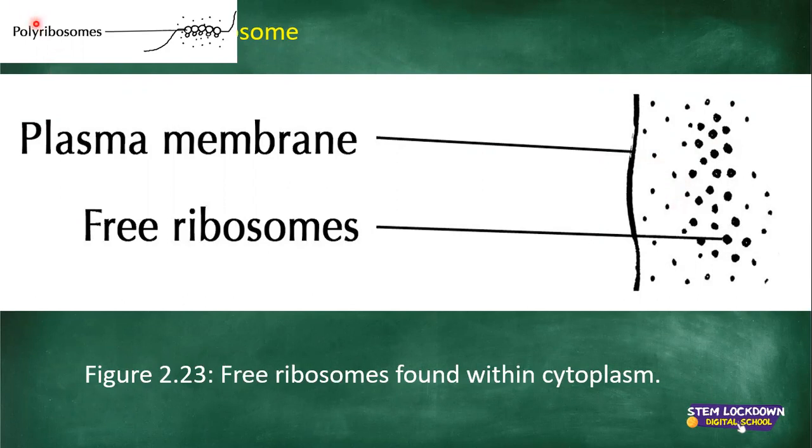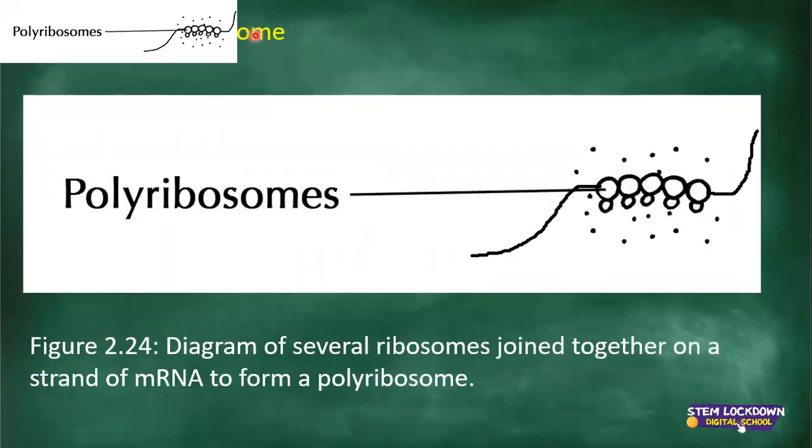And then this here, the polyribosomes, it's when you have the ribosomes with what? With the mRNA. So when they are together, they form the structure called polyribosomes. So remember these structures. I'm showing you individually so that you'll be able to recognize them when you see the whole diagram.